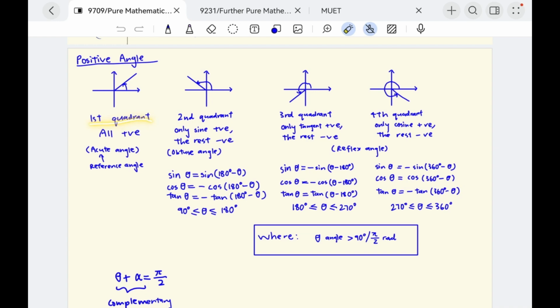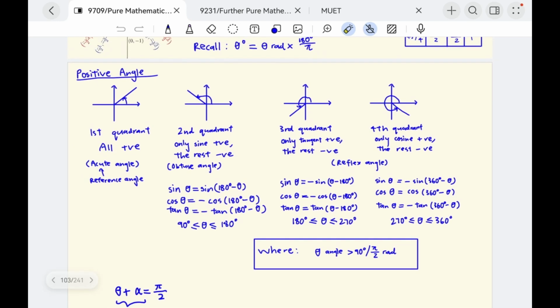For the first quadrant, all must be positive because each of these coordinates lies on the positive x-axis and y-axis. Therefore, this is known as the positive quadrant, the first quadrant, where the reference angle inscribed is the acute angle.